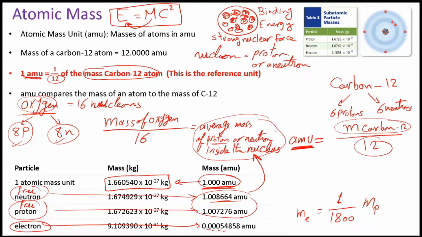We said the neutron has 3 quarks and the proton has 3 quarks. These quarks are attracted together by the strong nuclear force. And also the nucleons, which are the protons and the neutrons, are attracted together using the strong nuclear force. So that's why there is a difference between the mass of the free neutron or proton and the mass of the same particle inside the nucleus, because part of the mass is used as binding energy.